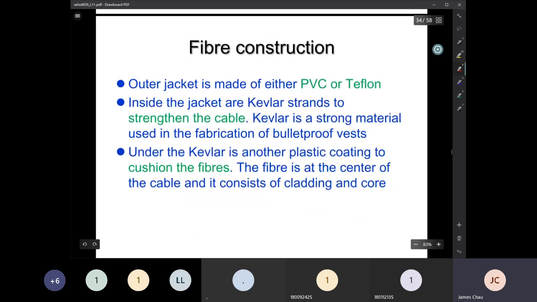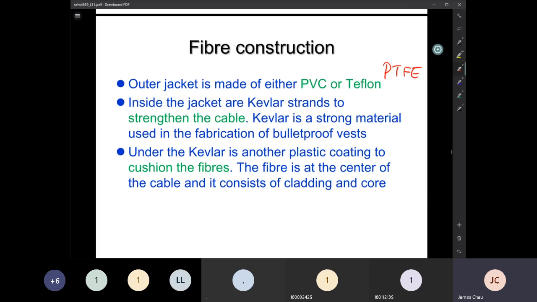Now, for the fiber construction, outside the optical fiber, the outer jacket is made of PVC, polyvinyl chloride. It is one of the polymers, or Teflon, PTFE, the chemical name. The full name is polytetrafluoroethylene.